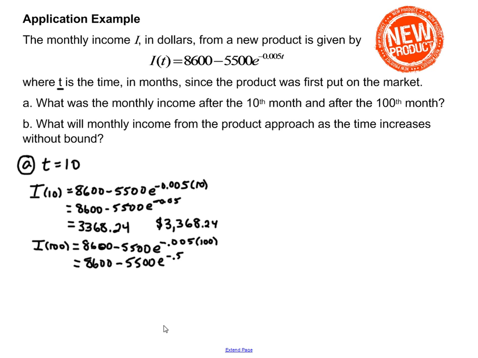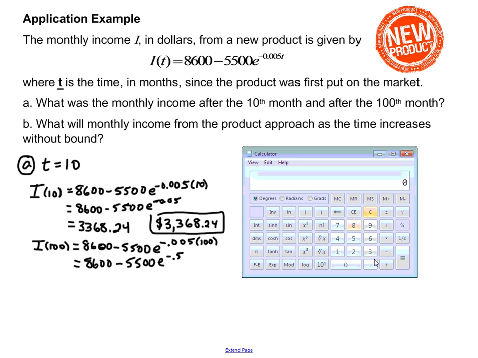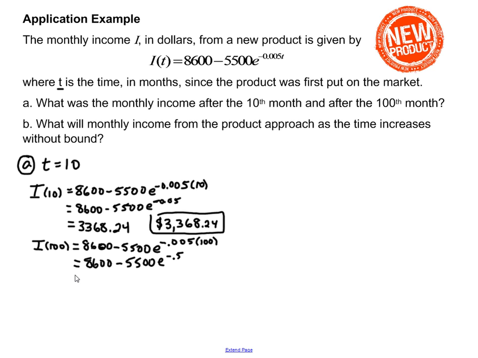Well, again, this is where we need a calculator to help us out. Before we found 3368.24. So let's find out what happens here. In this case, we're going to take negative 0.5, raise e to that power, multiply that result by 5,500, and negate that and add it to the number 8,600, so we're subtracting it from 8,600. And this time we find that our expected income goes up.